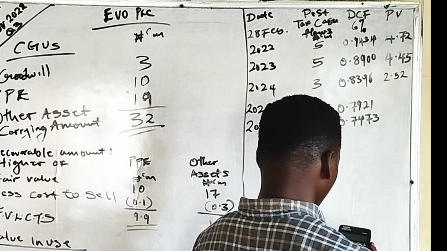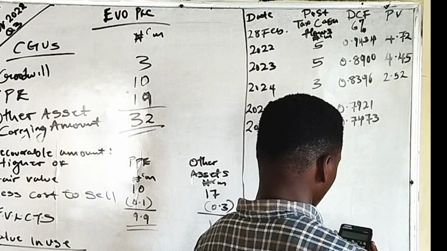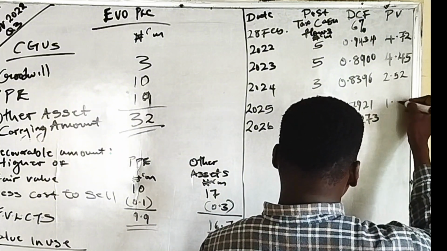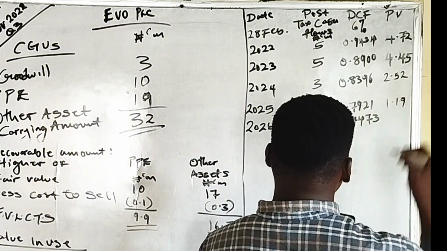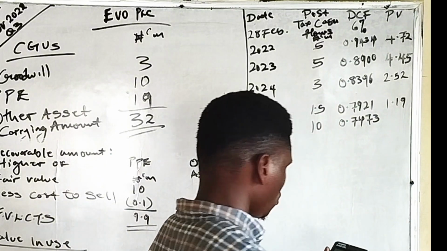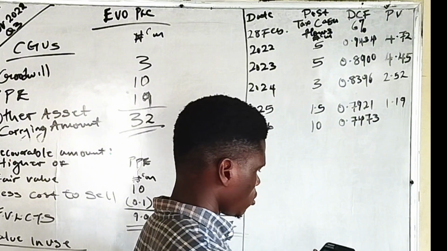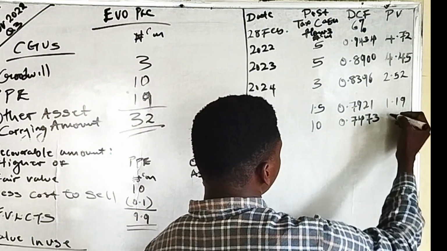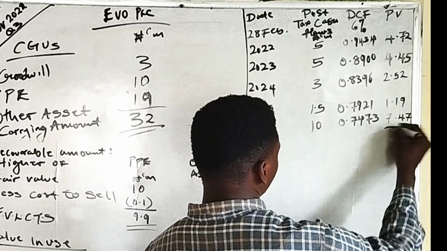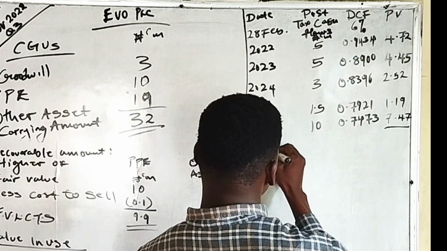Then we have 1.5 times 0.7921. We have 1.19. Then we have 10 multiplied by 0.7473. So we have 7.47. So the addition of all of this gives us the present value.